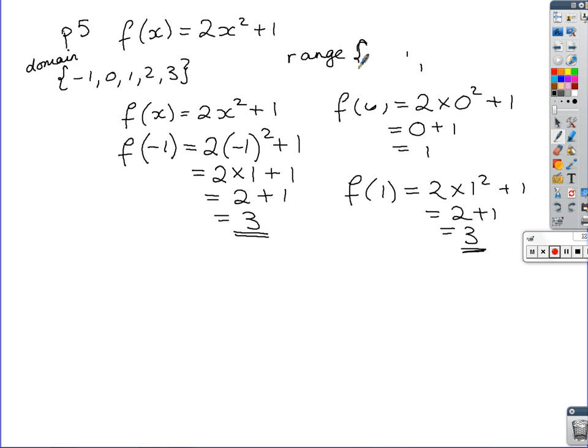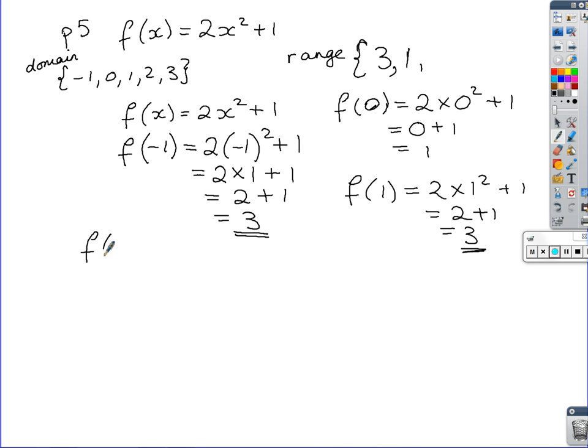We'll just write the 3 the once, because if you substitute negative 1 or positive 1 into the function, we get the mapping onto 3. Now that's acceptable, that both negative 1 and 1 both give out the same answer. You can draw another diagram to represent this in a minute.